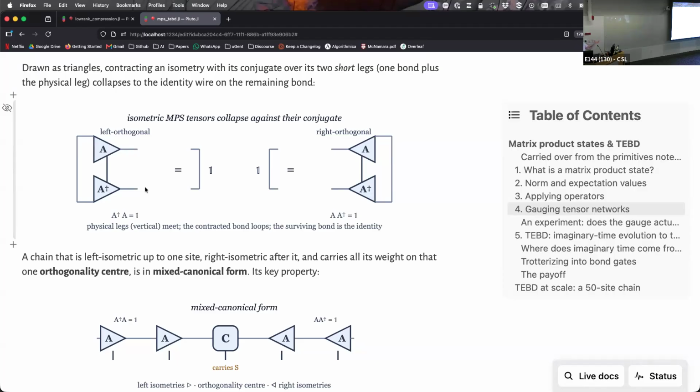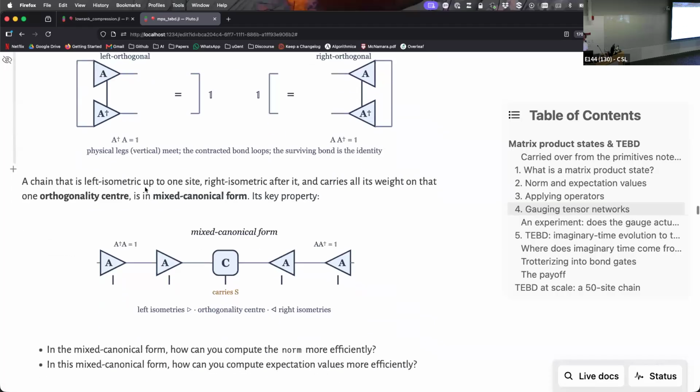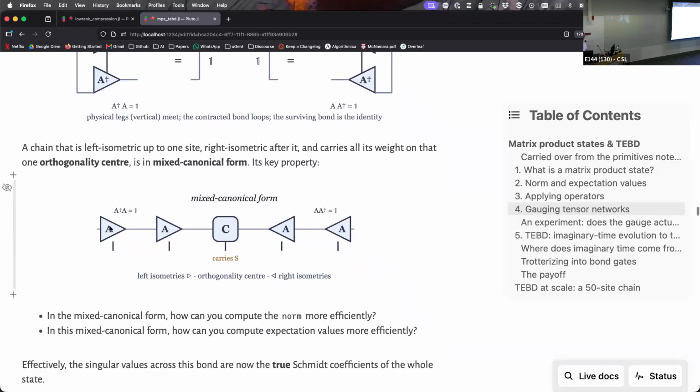So basically, you can transform your entire MPS into a form where everything to the left of a given site is an isometry in the right direction. Everything on the right of the site is an isometry in the other direction. And what you end up with is one single center tensor, which is not an isometry.